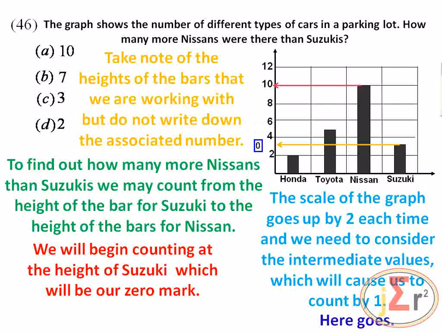In this particular case, we are not going from this mark to the other, but we are also including the intermediate steps. So we have 0, 1, 2, 3, 4, 5, 6, 7. Jerry is saying it's 7.